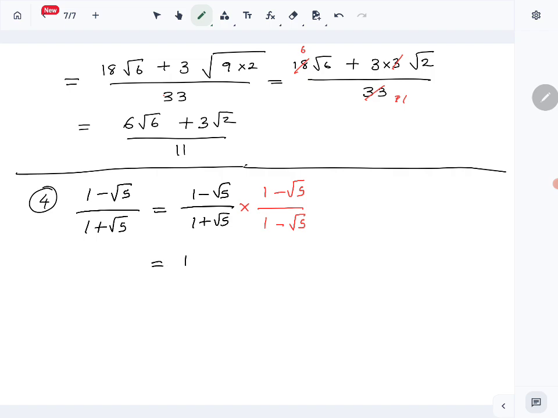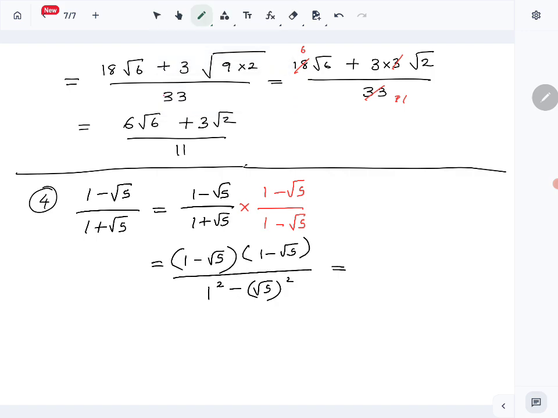So I have 1 minus square root 5 times 1 minus square root 5 in the numerator. Denominator, simplify using the a squared minus b squared method. Then get rid of the brackets, expand and simplify the numerator.